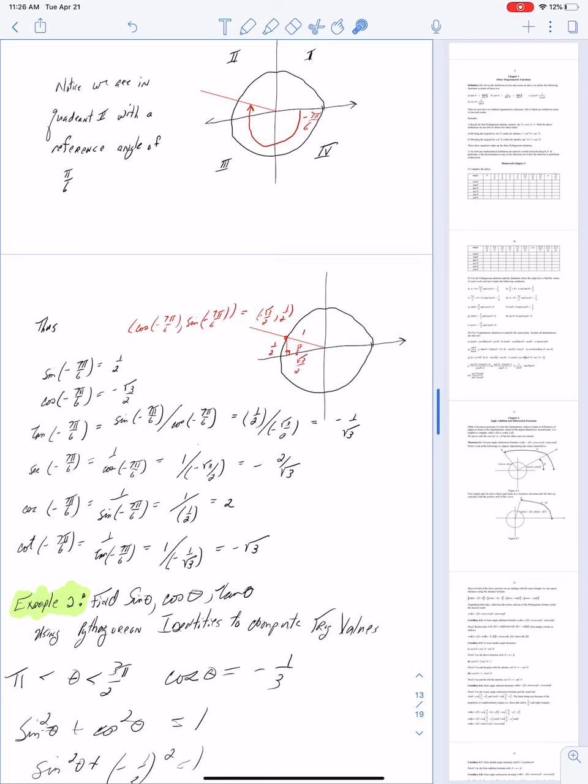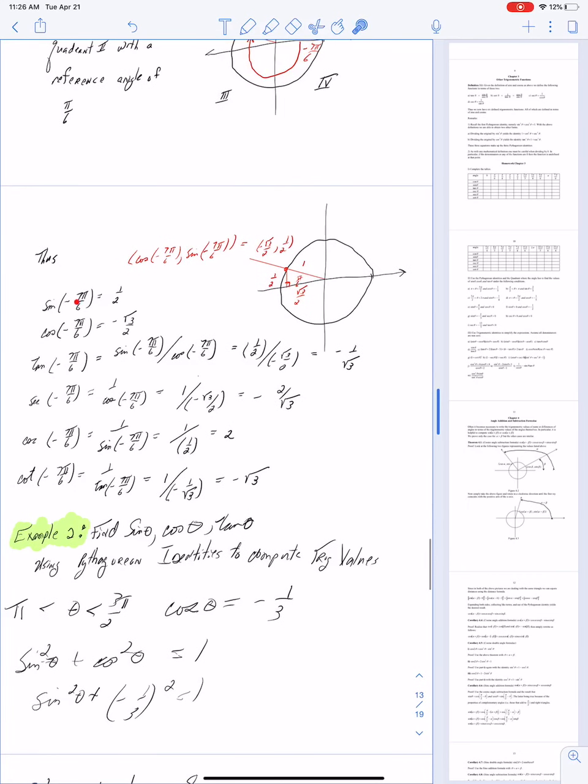It is minus root 3 over 2 and 1/2. The first value is cosine, and the second value is the sine. So sine of minus 7 pi over 6 is 1/2. Cosine of minus 7 pi over 6 is minus root 3 over 2.